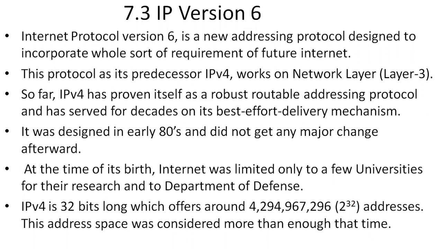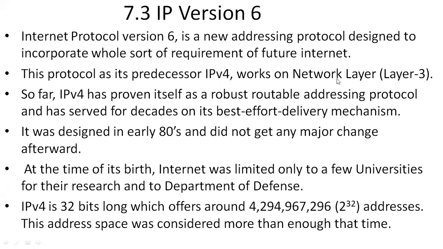Almost all these limitations are overcome in IP version 6. So what are the limitations, what are the drawbacks in IP4, and what has been rectified here, we can discuss in this topic. Okay, and this IP version 6 is the successor of IPv4. That means IP version 6 derives from IP version 4.